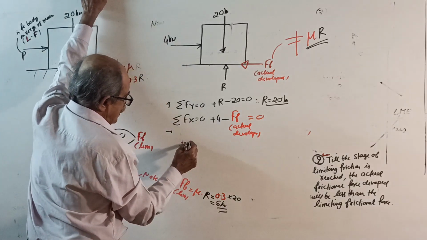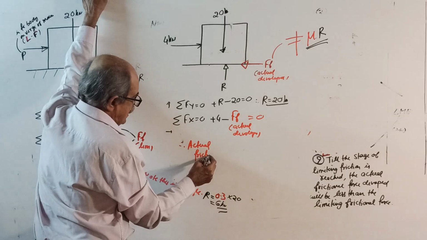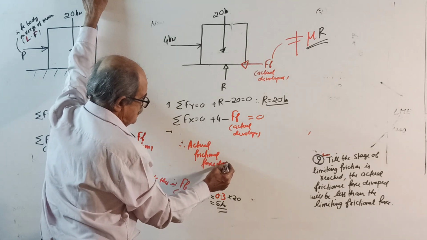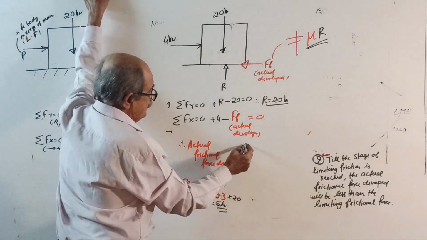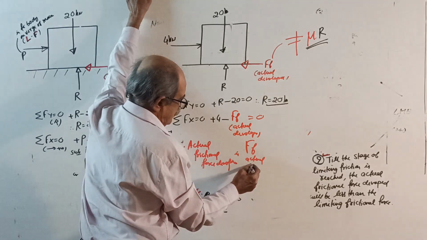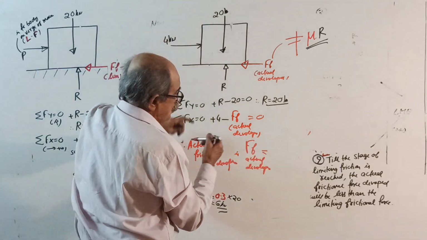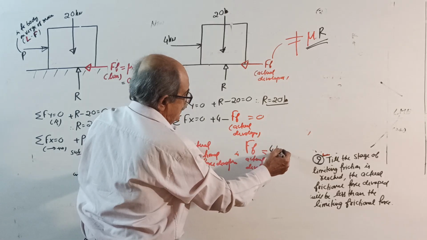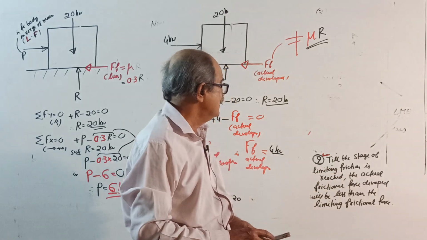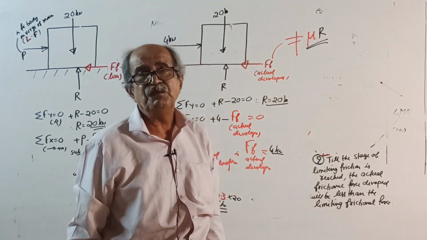Therefore, the actual frictional force developed, FF actual developed, equals only 4 kilonewton. I told you here, till the stage of limiting friction is reached, the actual frictional force developed will be less than the limiting frictional force.